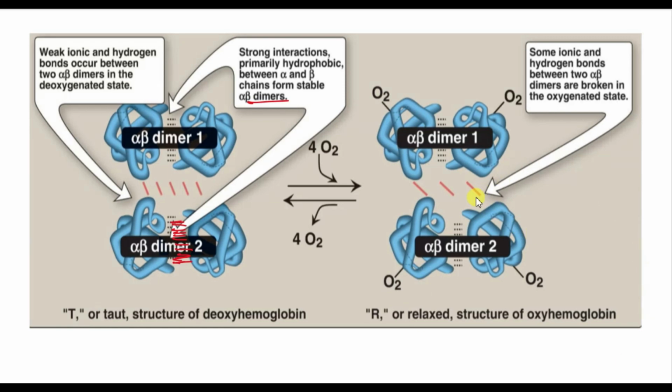And after that one oxygen molecule has bound, the subsequent oxygen molecules can bind to the subsequent heme groups more easily. The first oxygen molecule that binds to this tight conformational hemoglobin, this deoxyhemoglobin, finds it pretty difficult to bind.